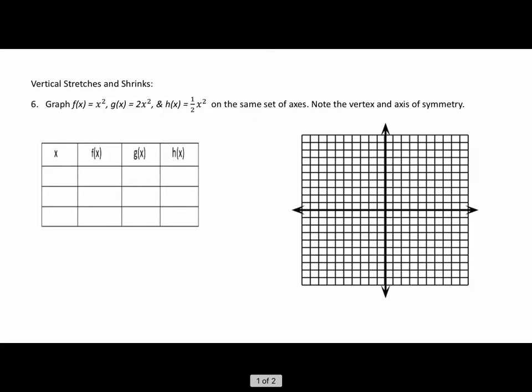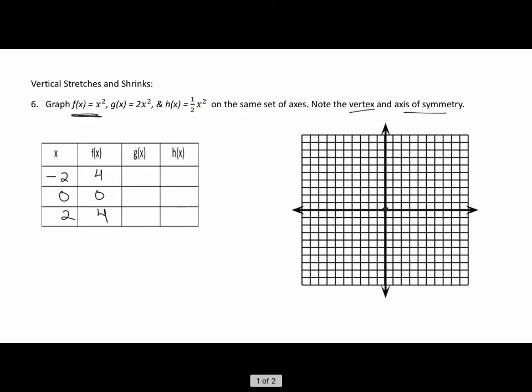For this example, we want to graph these three functions on the same set of axes, noting the vertex and the axis of symmetry. So we're going to choose negative 2, 0, and positive 2. For the basic f of x equals x squared, we know that's 4, 0, and 4.